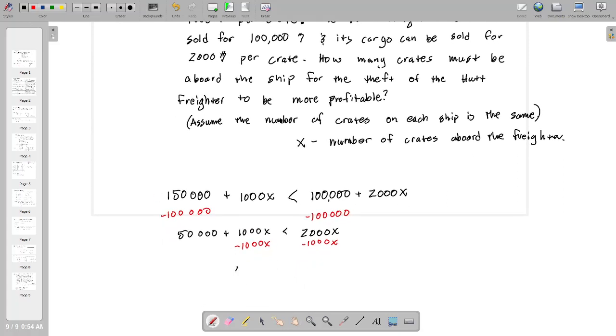And then we're left with 50,000 on the left is less than 1,000X. 2,000X minus 1,000X is 1,000X. Then we just divide by 1,000. And we're left with X must be greater than 50. If there are more than 50 crates on each freighter, then it's more profitable to steal the Hutt freighter.